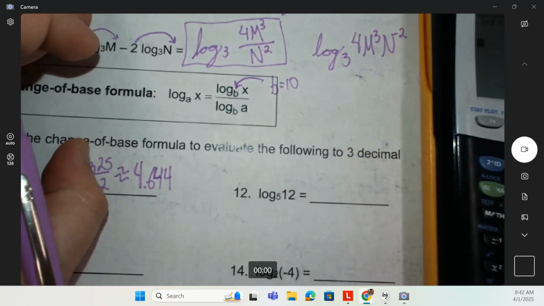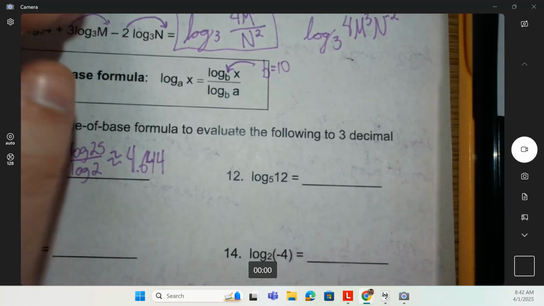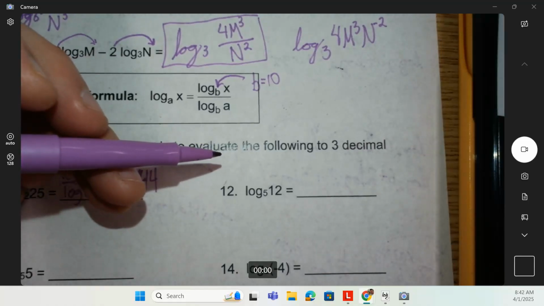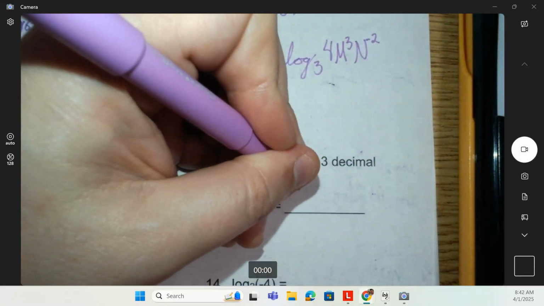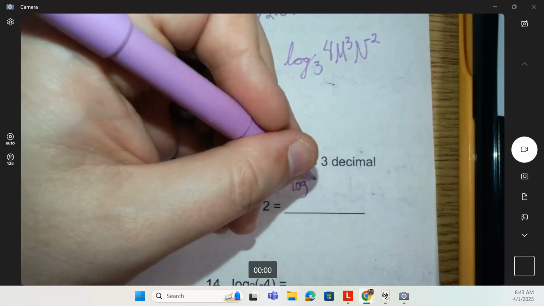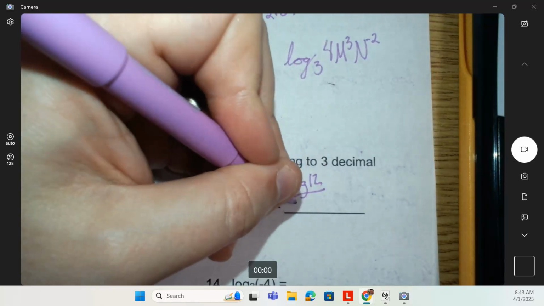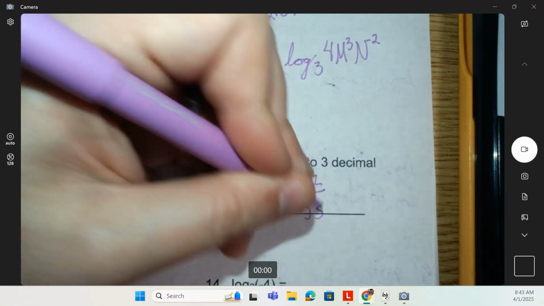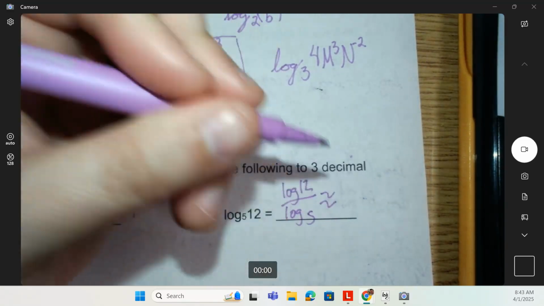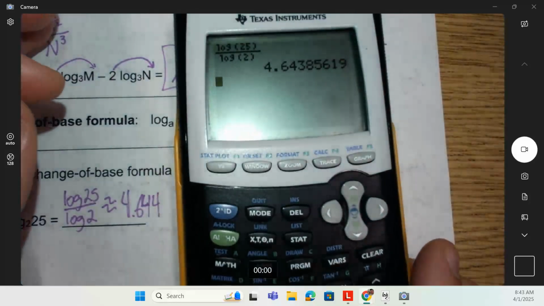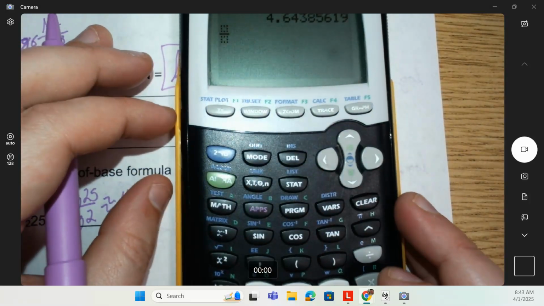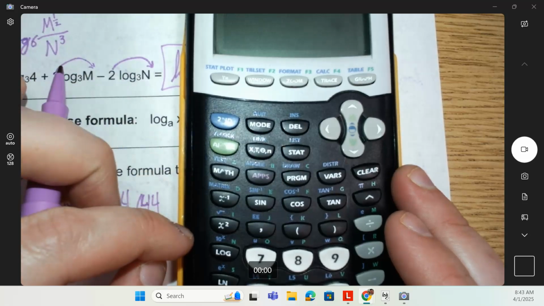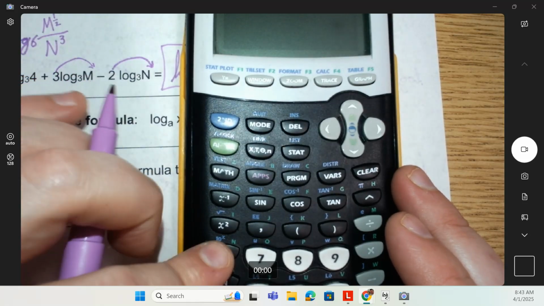So same thing here. I've got log 5 of 12. It's going to be log of 12 over log of 5. So put that in my fraction, and we're doing the log button right here.